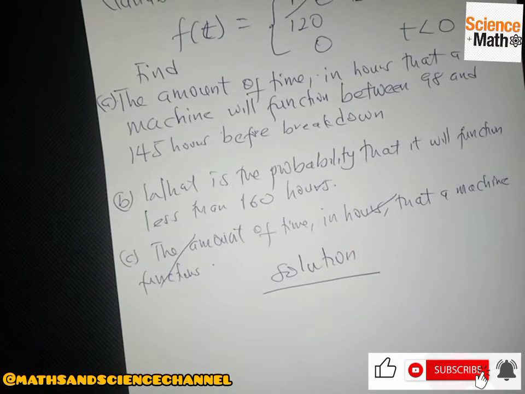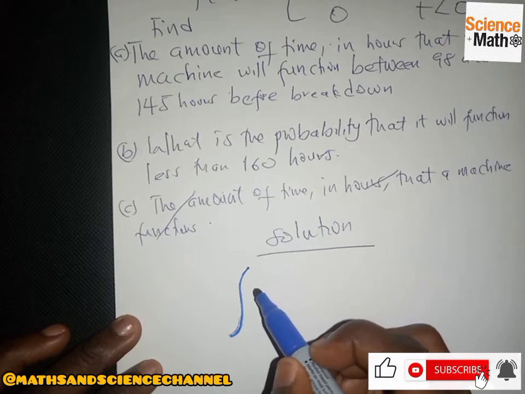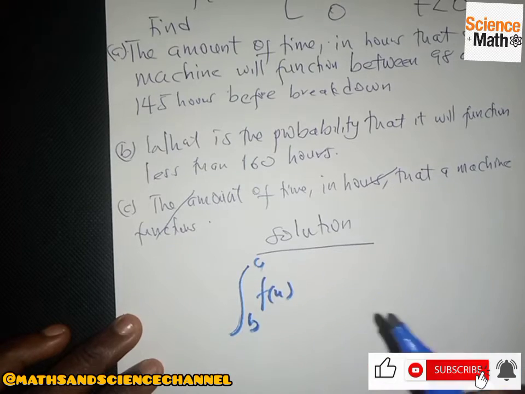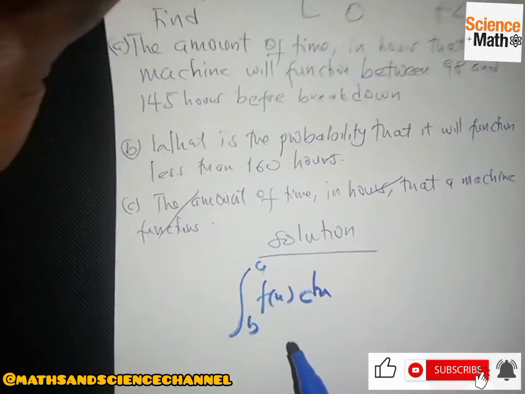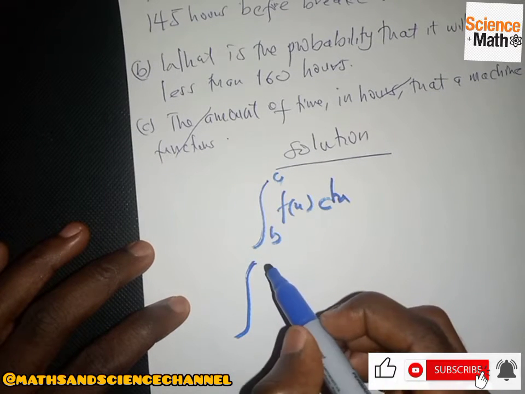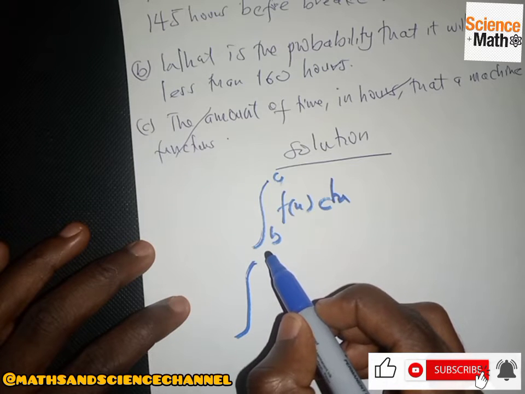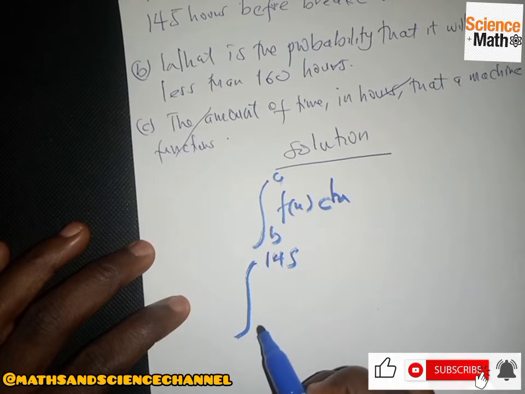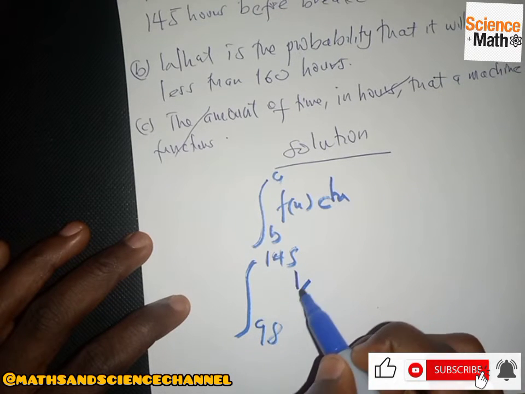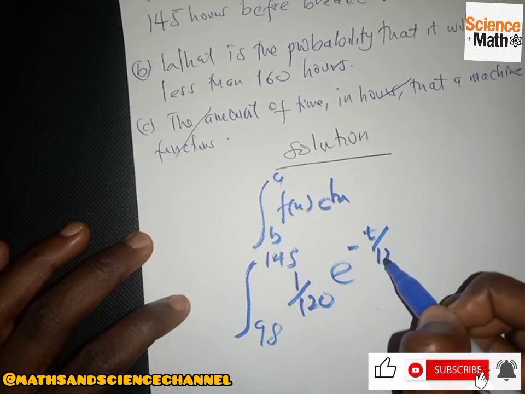So in here we have the integral of f of x, dx in this case. But in this case we are given the upper limit, so the upper limit was given as 145, and the lower limit to be 98, and we have the function 1 over 20 e to the power minus t over 120 here.